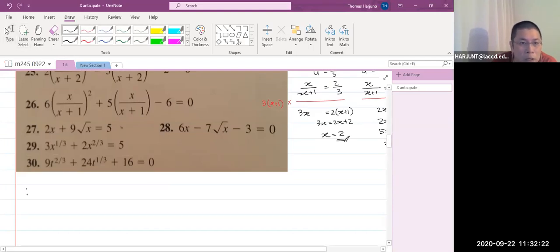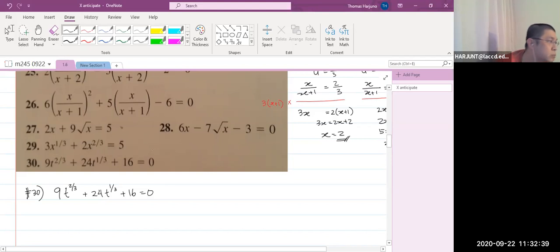But for number 30, it is better to see it as a quadratic-like equation, because t to the 2/3 is actually the square of t to the 1/3. So let u equal t to the 1/3.